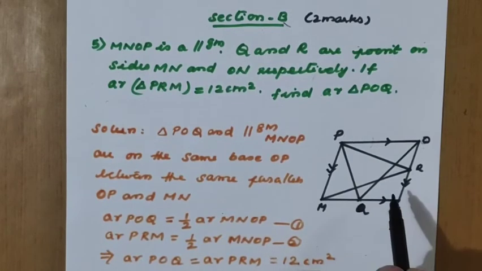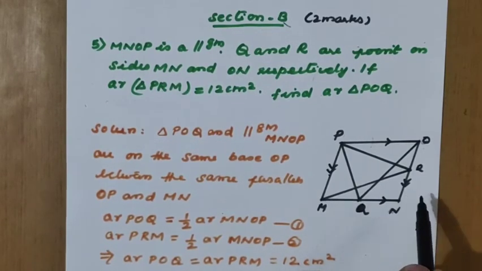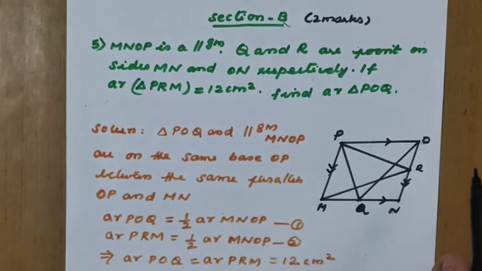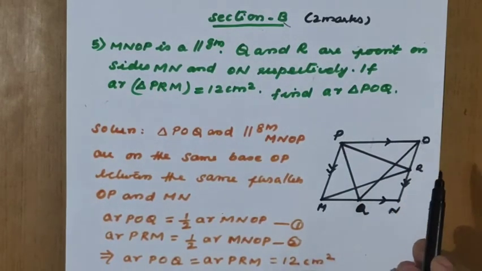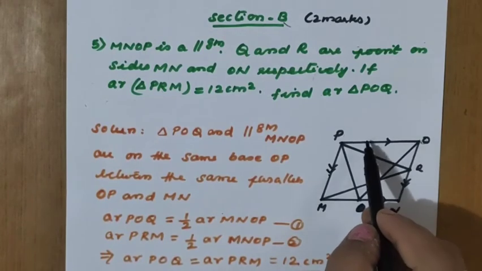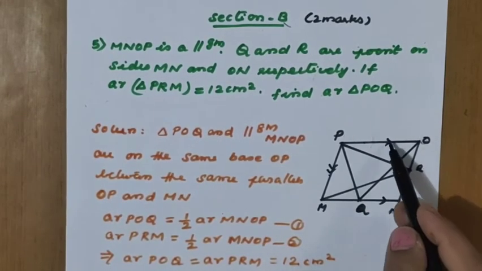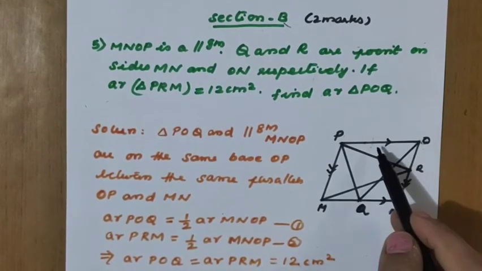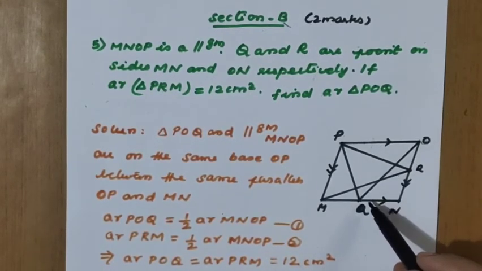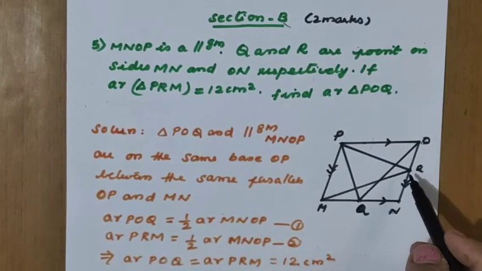Similarly, we can go for the other triangle whose area we have to calculate, the triangle POQ. Area of the triangle POQ is on the same base OP and between the parallels OP and MN. So we can say that area of POQ equals half of the area of the parallelogram.